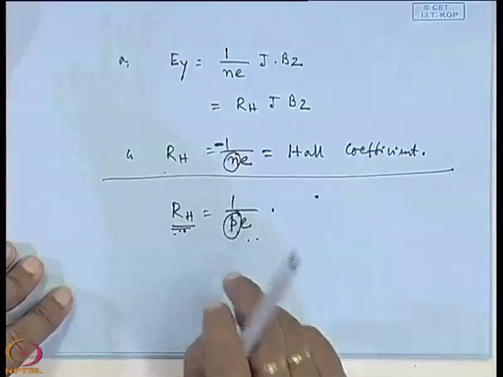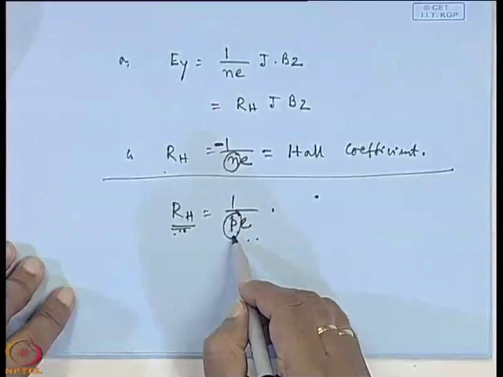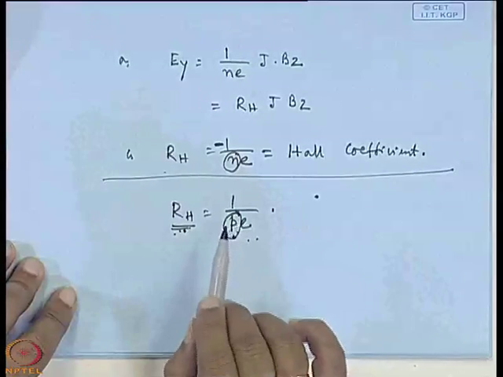If the Hall coefficient is negative, then the material is n type, governed by electrons. If the Hall coefficient is positive, then the material is p type, governed by the conduction of holes. So the type of conductivity, n or p, as well as the carrier concentration can be calculated from the Hall effect.